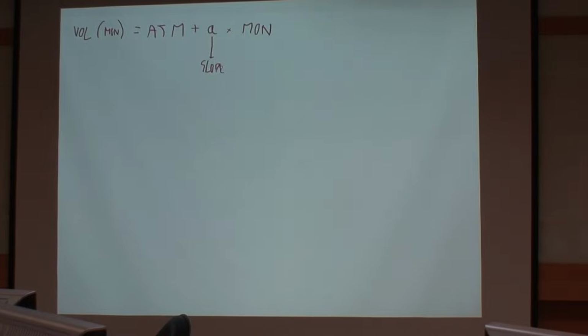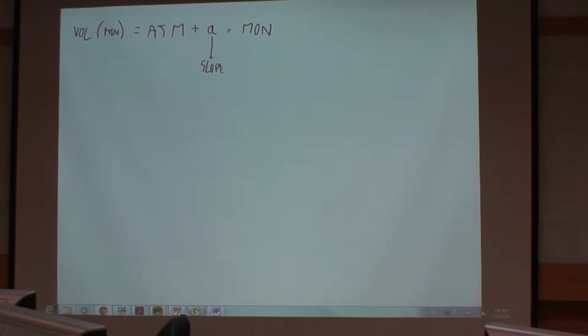I want small downside options to be more expensive than upside options. So I want to give options with negative moneyness a higher volatility, and options with positive moneyness a lower volatility. So what does the sign have to be of my slope?